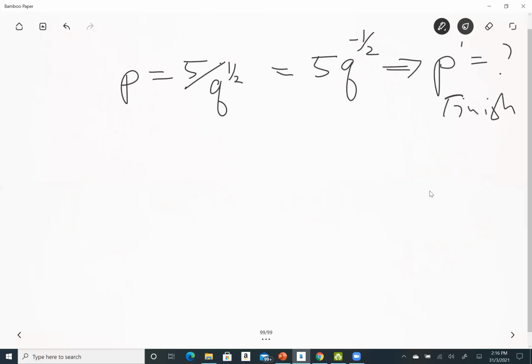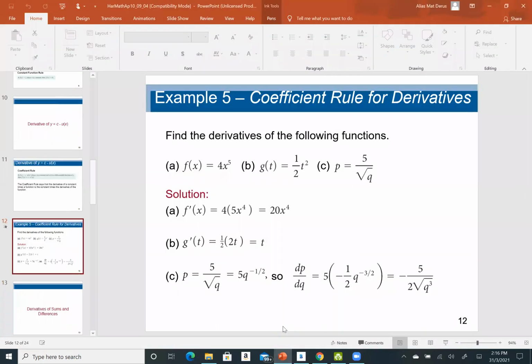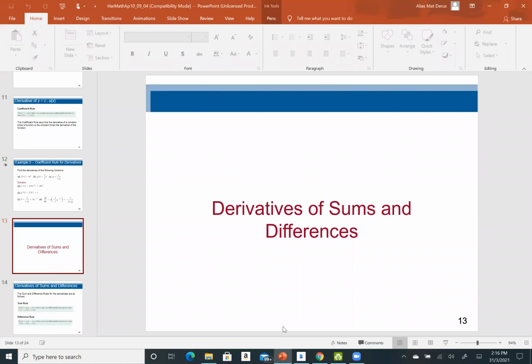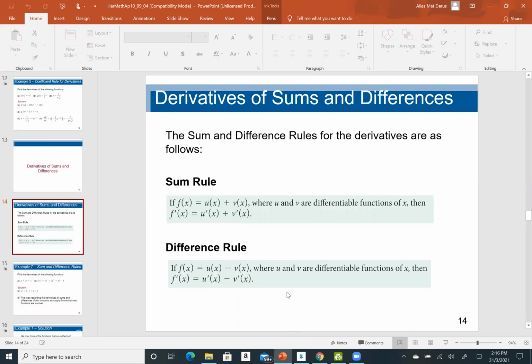All right, now the next rule would be the difference and sum rule. You have two or more terms in x which are added or subtracted. That's what you call the sum rule if they are added, and if they are subtracted, you call it the difference rule.